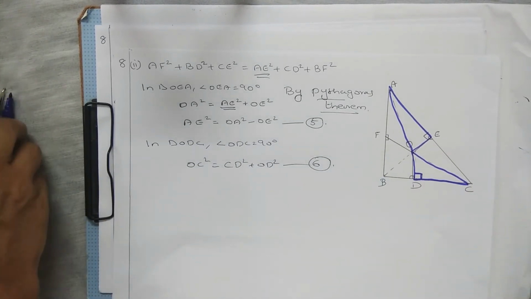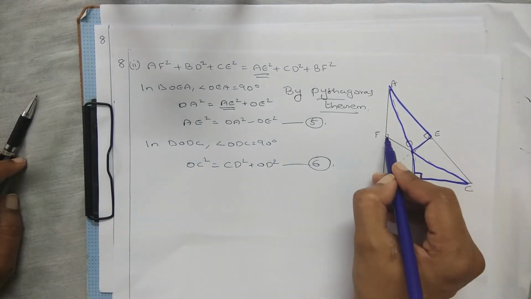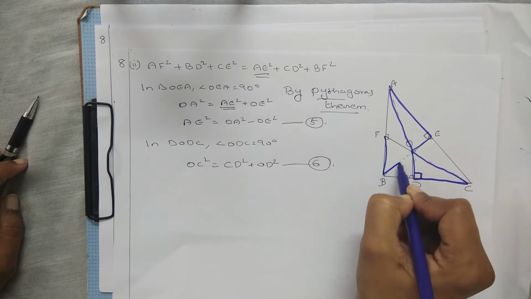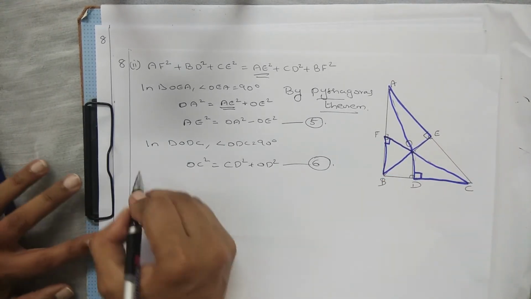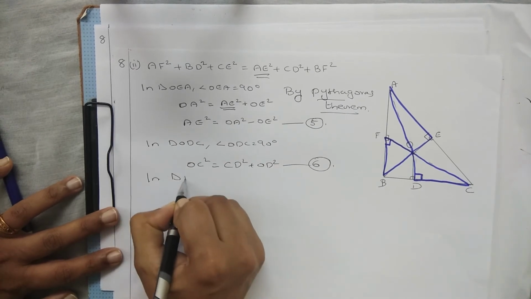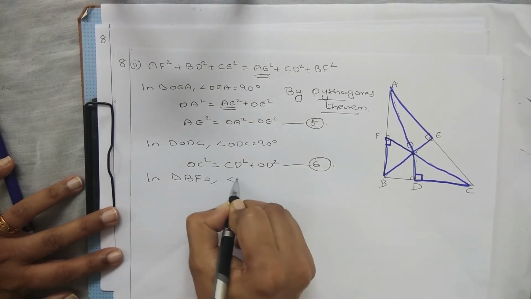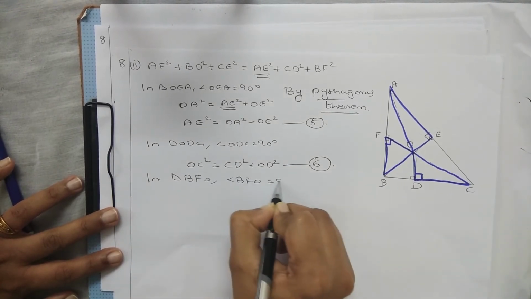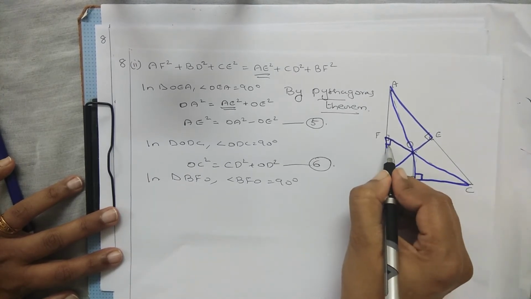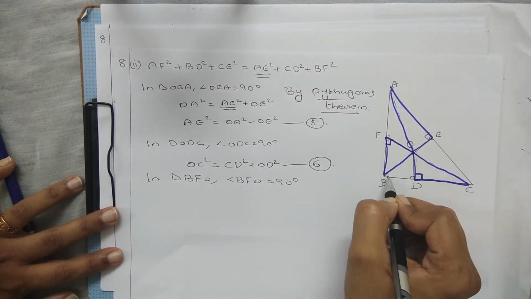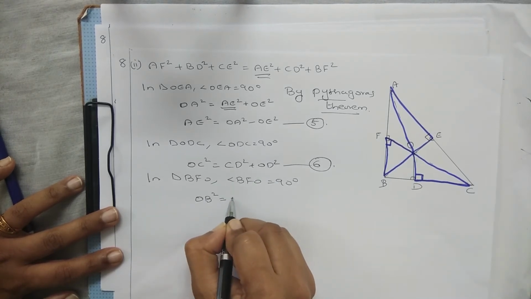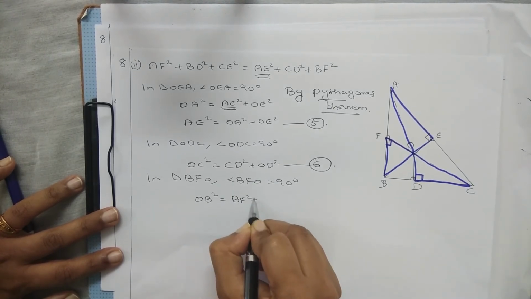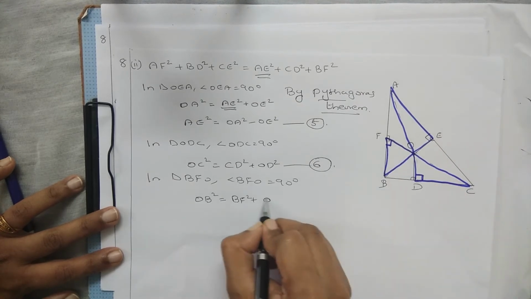Next, what you have to get it? BF square. BF square, which triangle? This is BF. So you have to consider this triangle. Which triangle? BFO. So in triangle BFO, angle BFO is equal to 90 degree. Therefore, F is the right angle, then OB will be the hypotenuse. So OB square is equal to BF square plus OF square.